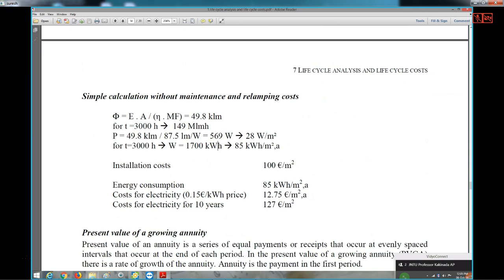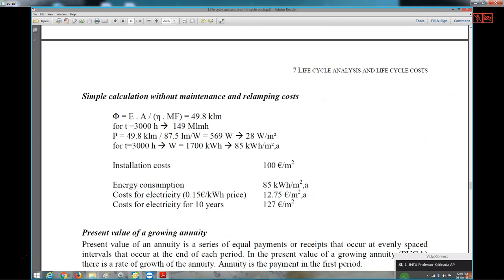Therefore, installation cost is given as 100 pounds per square meter. Then energy consumption is 85 kilowatt hours per square meter. Suppose we take the cost of electrical energy as 0.15 per kilowatt hour, then the electricity power consumption cost is 12.75 pounds per square meter.